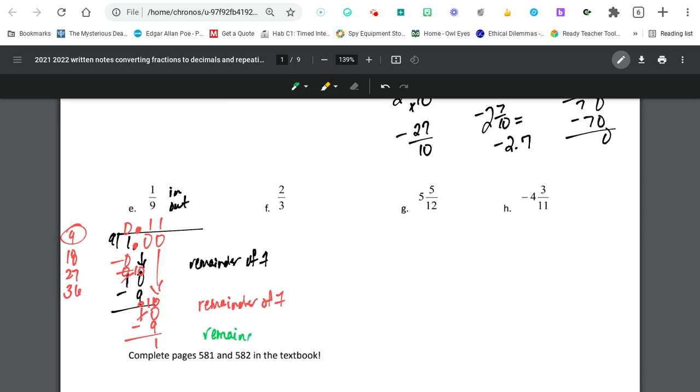If you keep getting the same remainder, guys, the number in the quotient, which is the number up here, is going to keep repeating. So I keep repeating these ones because I keep getting a remainder that's the same. So this is what we call a repeating decimal.